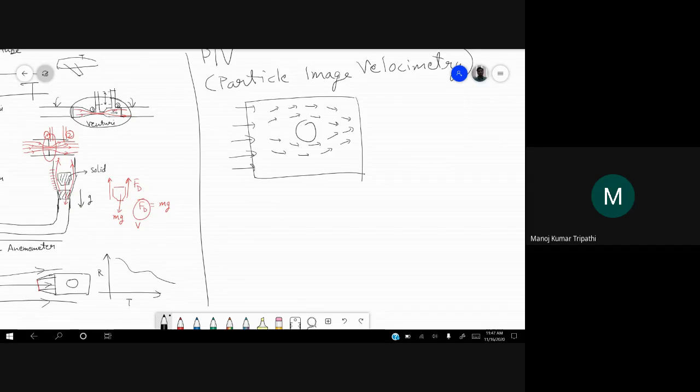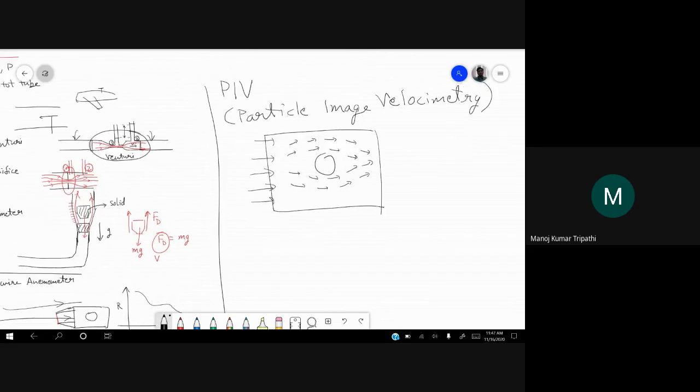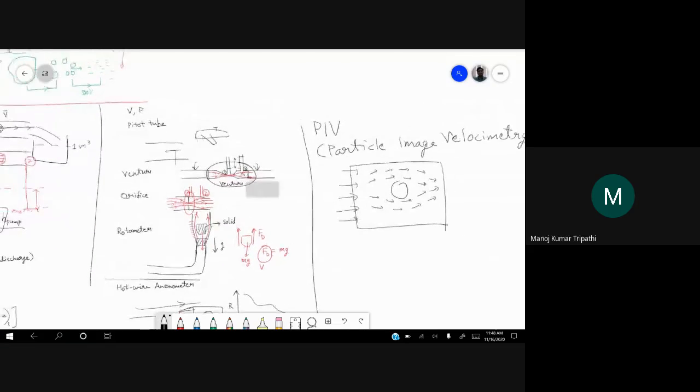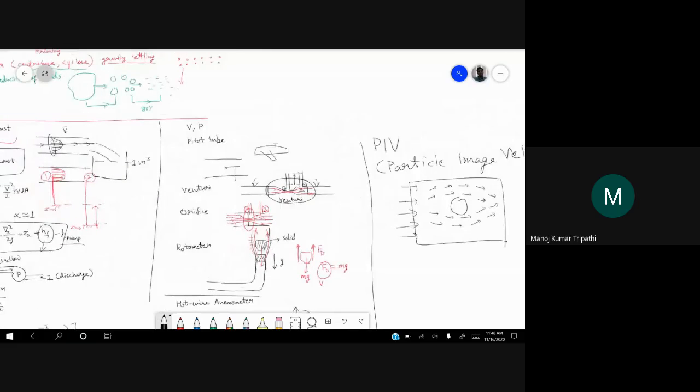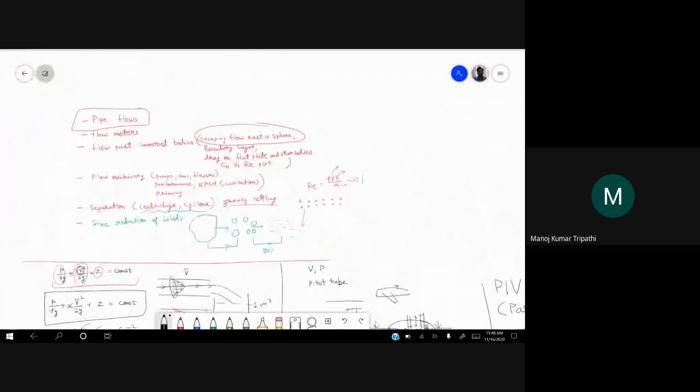So it gives you the velocity. And that way you can picture the entire flow field without having to put any equipment in the flow field. So these are known as non-intrusive ways of measuring the flow.